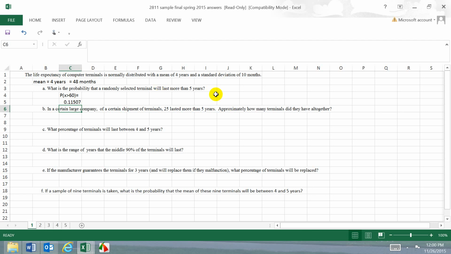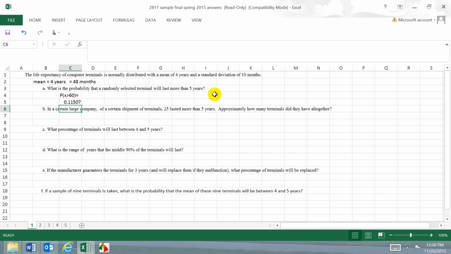B. In a certain shipment of terminals, 25 lasted more than 5 years. Approximately how many terminals did they have altogether?